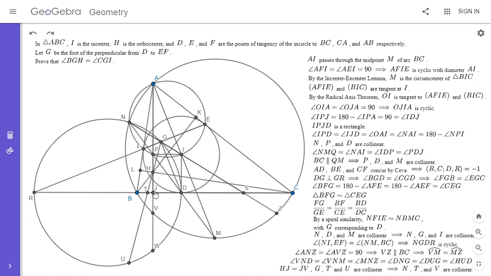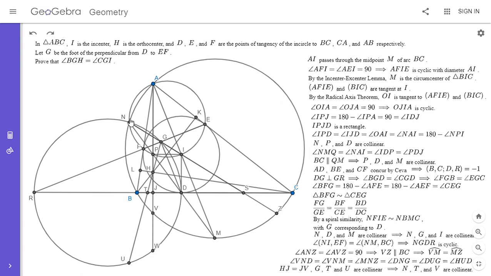Okay, so HJ is equal to JV because the reflection of the orthocenter over the side of a triangle lies on the circumcircle. And then H, T, and U we know are collinear, but if HUD is equal to angle VND and HJ is equal to JV, then it's not hard to see that U is basically the reflection of N over RD.